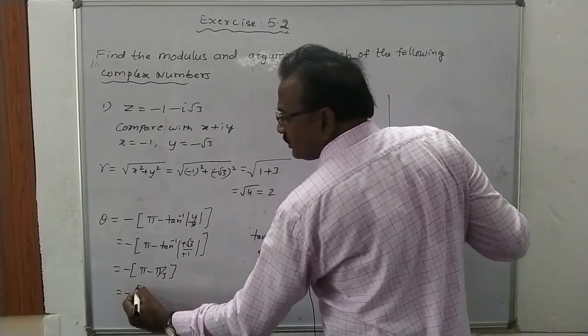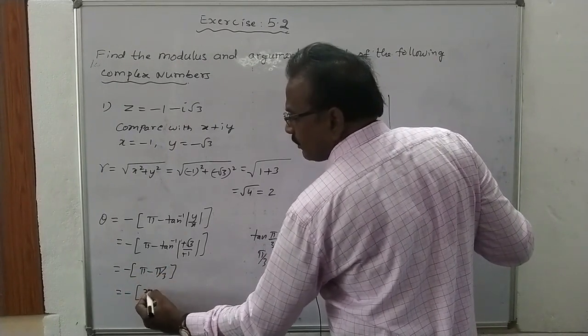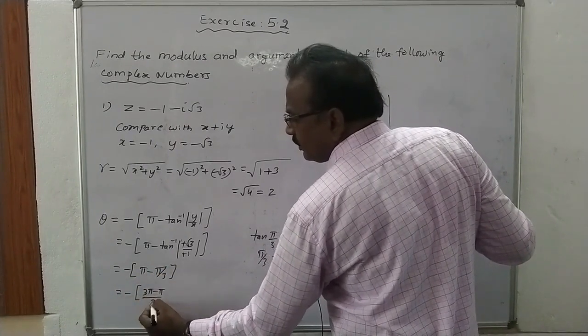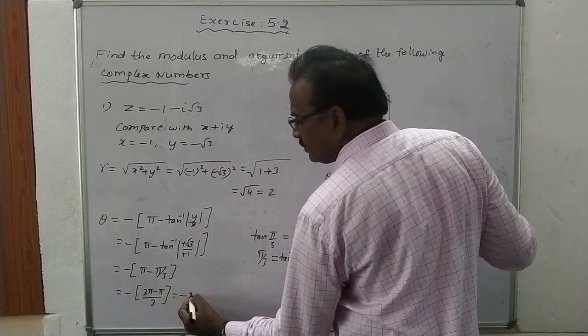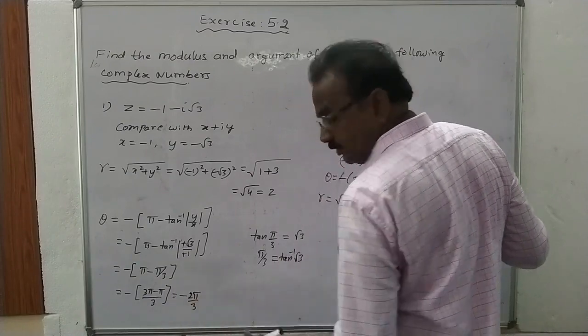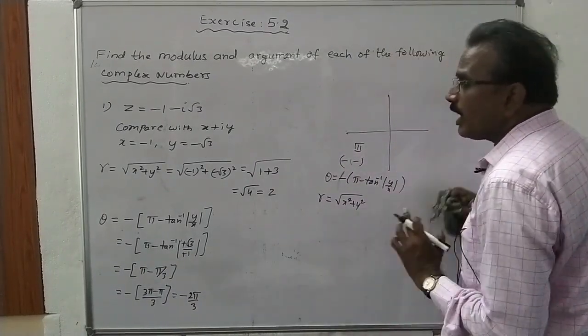So that is equal to minus of pi minus pi by 3. Taking the LCM, that is minus of 3 pi minus pi divided by 3, which is minus 2 pi by 3. Therefore, what is the modulus and what is the amplitude?